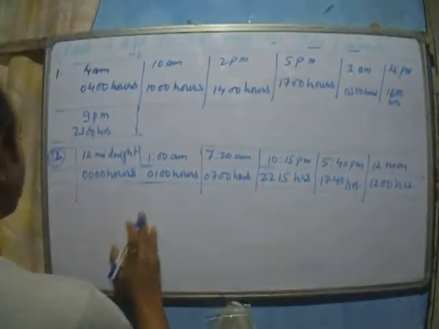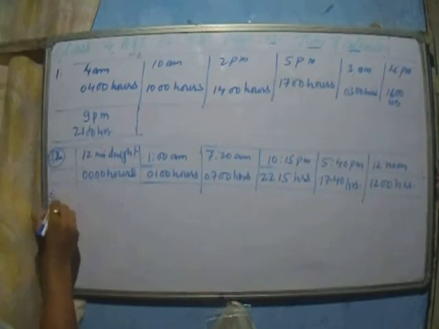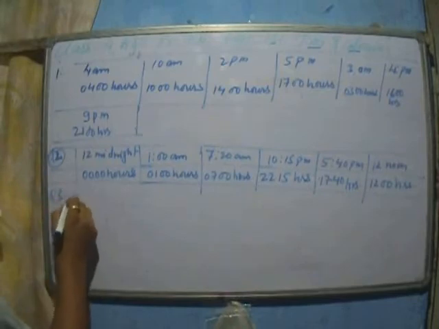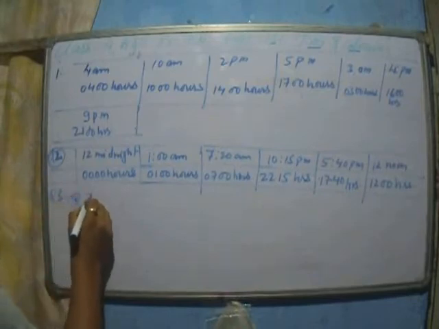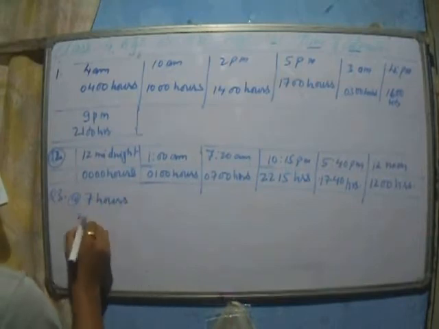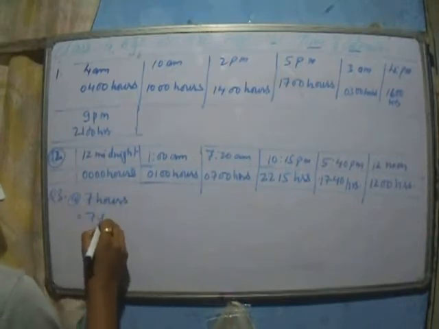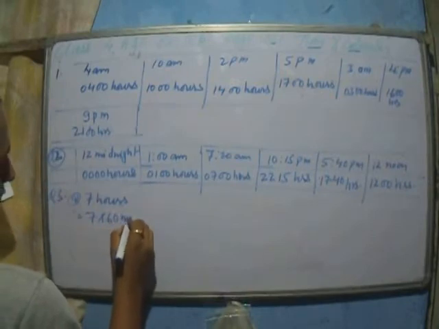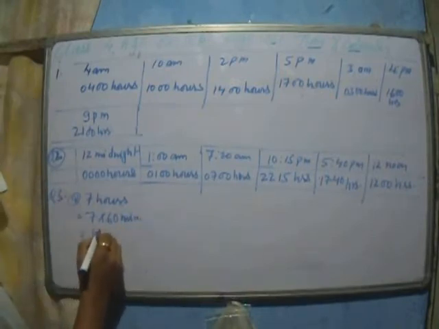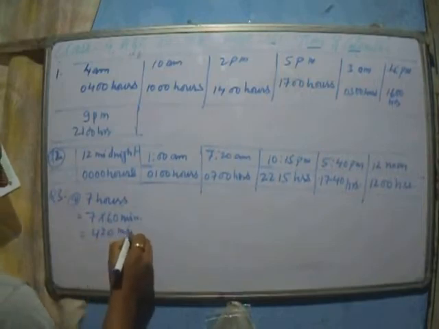Now we are going to start with question number 3. How many minutes are there in the following? Here A is 7 hours. In 1 hour there are 60 minutes, so we write 60 minutes and multiply. 7 times 6 is 42, so 420 minutes.